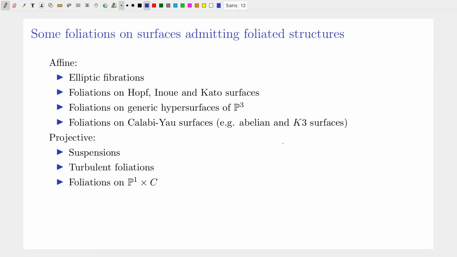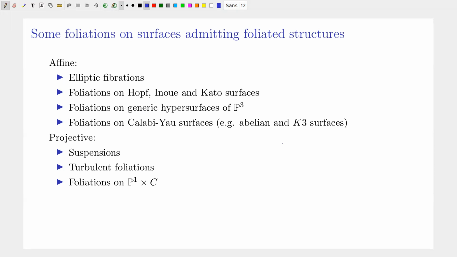In fact, this affine structure on the regular curves extends to the singular curves. We also know that some foliations on some non-Kähler surfaces, like Hopf, Inoue, and Kato surfaces, admit such structures. These are interesting because these affine structures tend to be unique.